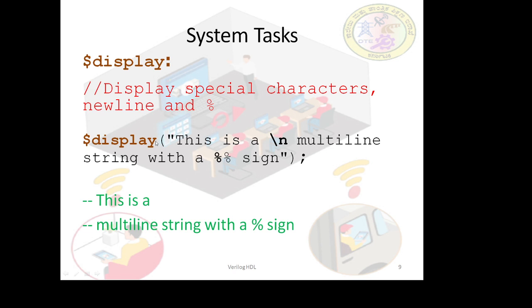So when you write dollar display, and within the parenthesis, within the double quotes, a backslash n, what it displays after execution, when it executes this special character, it goes to the next line. After the new line, then the multi-line string with a double percentage means it is going to display the percentage, as we have seen in the tabular column. So multi-line string with the percentage sign, whatever the information is in the double quotes, we are trying to display it.